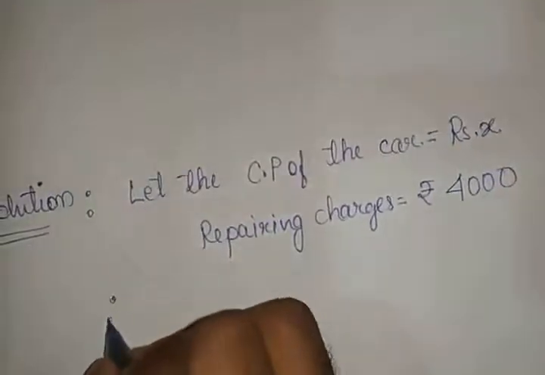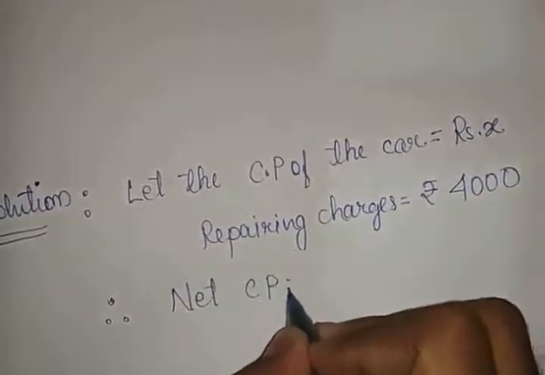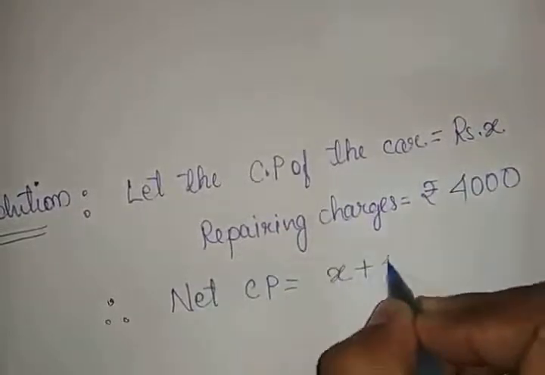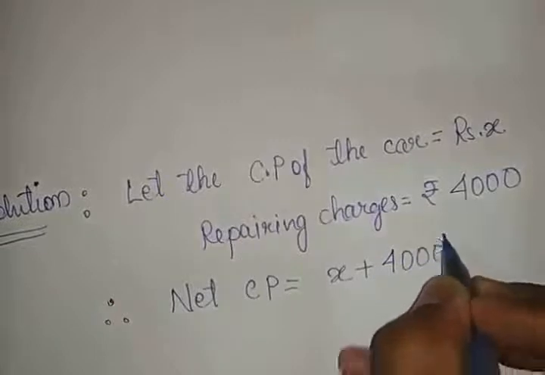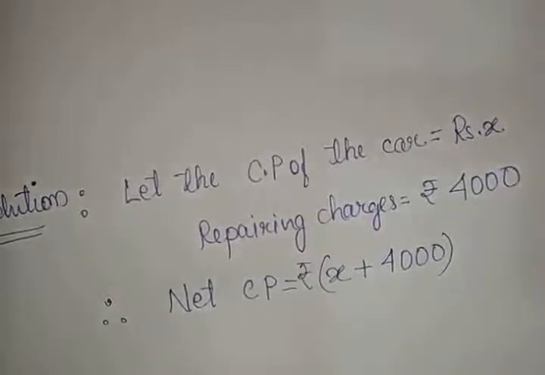So therefore the net cost price will be X plus 4,000. This will be the net cost price, meaning the total cost price that is spent on the car.